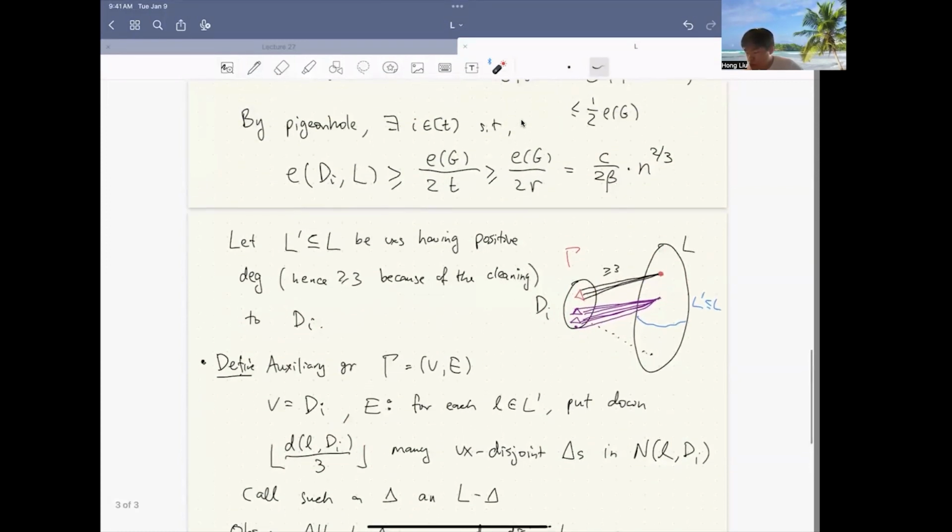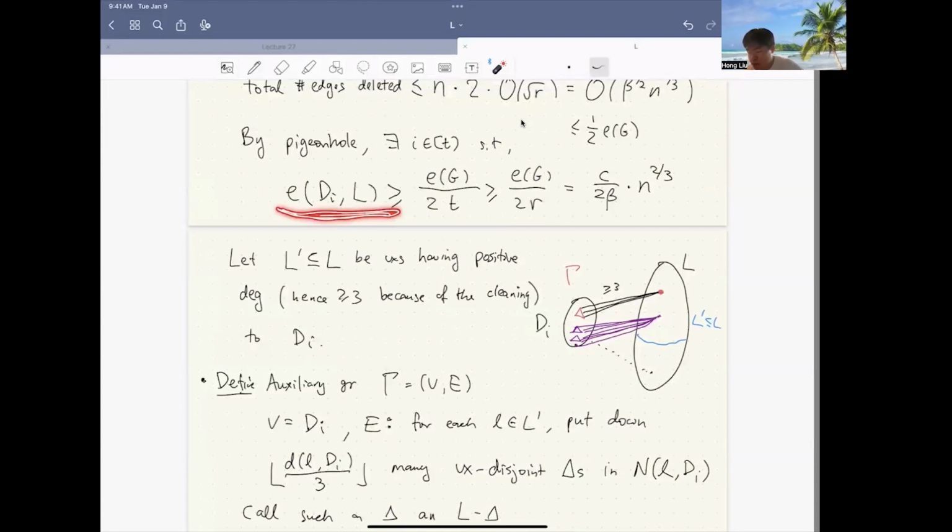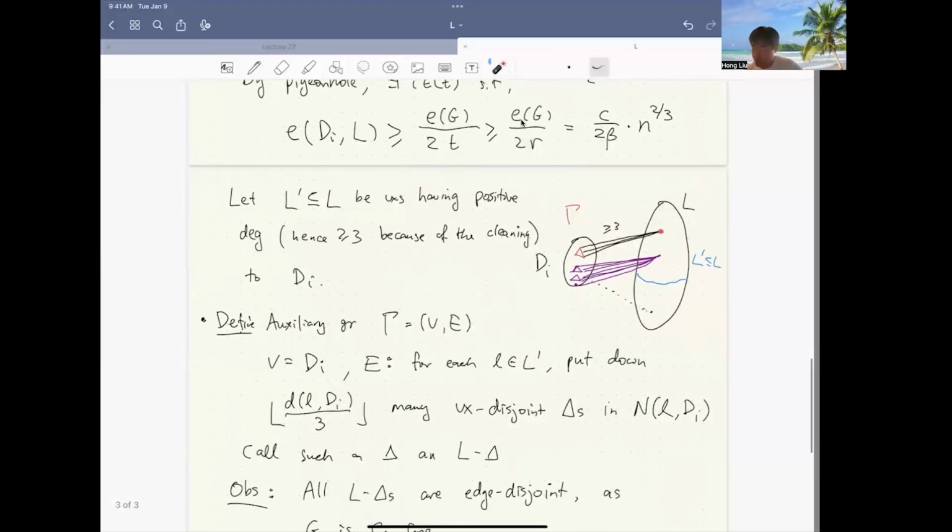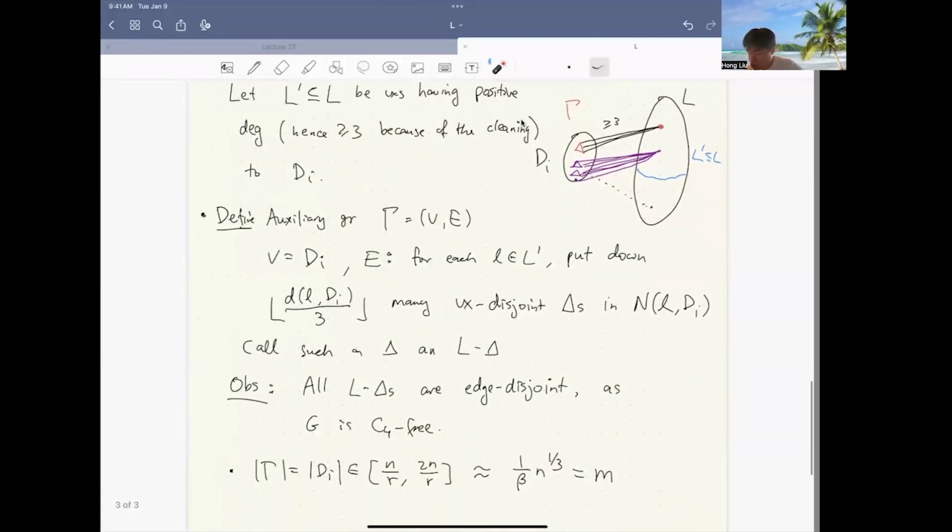But what's the number of edges between DI and L prime? It's the same as the number of edges between DI and L because we only delete vertices that have no degree to get from L to L prime. So the number of edges is of order of magnitude n to the 2/3, divided by 3 is still n to the 2/3 after a constant factor. And the order of the graph is n to the 1/3. So we are in the correct range. The number of edge disjoint triangles in the graph is quadratic in the order of the graph. Let me write this down.